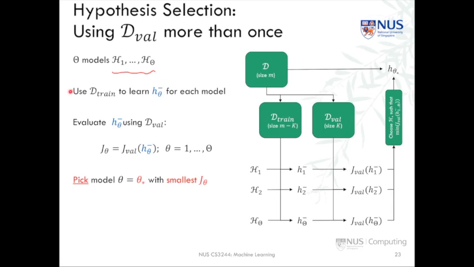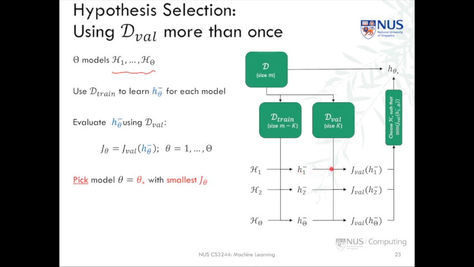We can follow the same type of idea as before and use the training data and split it up so that we have a train and a validation part. And for each validation part, use just the training portion of that to learn a hypothesis for each particular parameterization. So for example, for H1 here, we train that model on just the D-train part of size m minus k to get H1 minus.